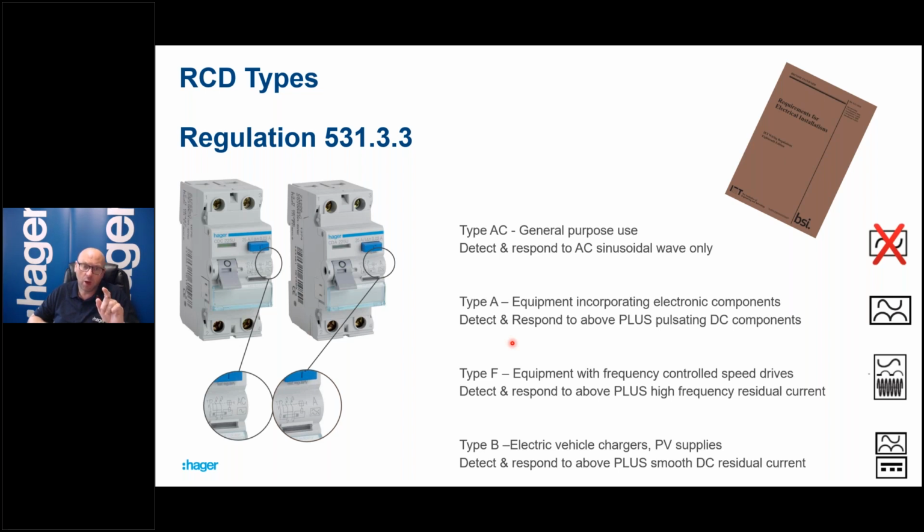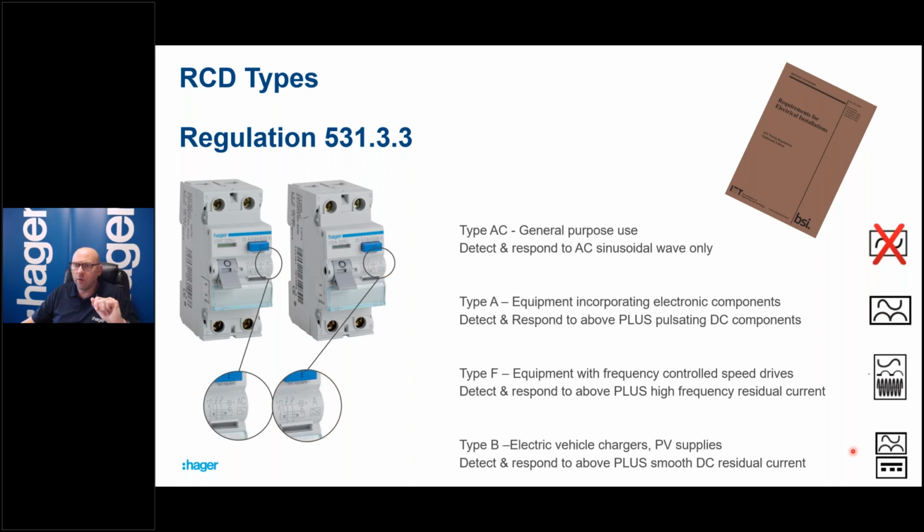A type A can do everything that an AC can do, plus it's got those extra characteristics. A type F can do everything that the A and the AC can do, and a type B can do everything that the F, A and AC can do. So it's very important that you start to look at these little symbols, and they are quite hard to see at times.